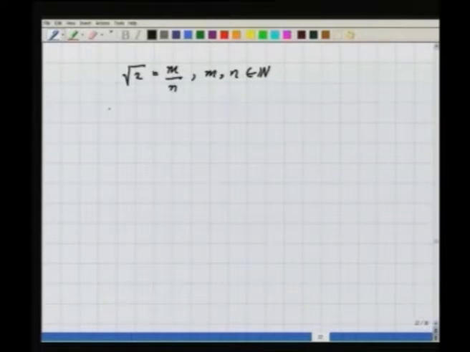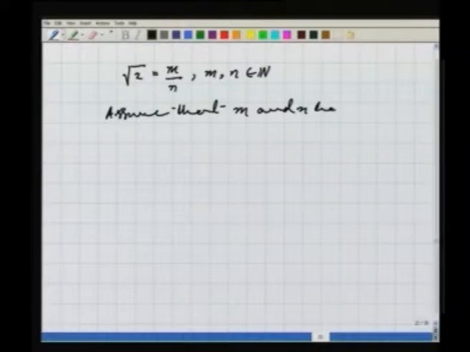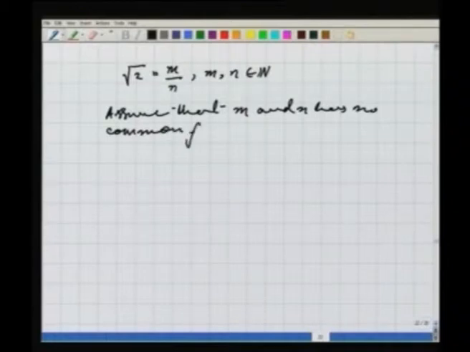So, let us assume that m and n have no common factor, of course, except 1. If that is the case, this would imply that 2n² is m², I am just squaring both sides of the equation.